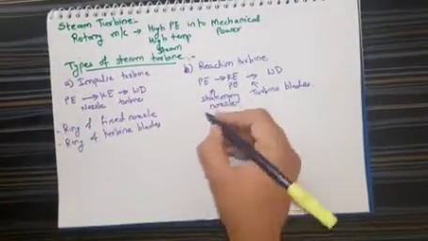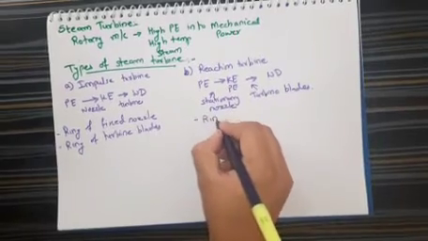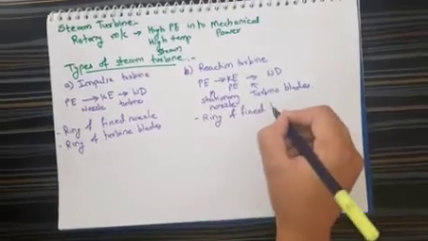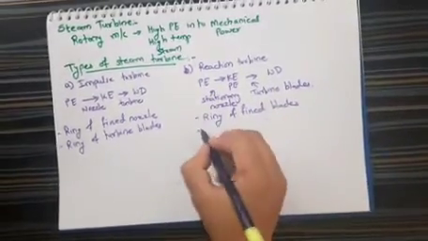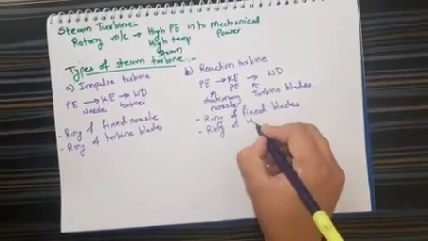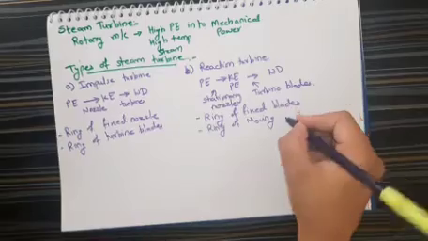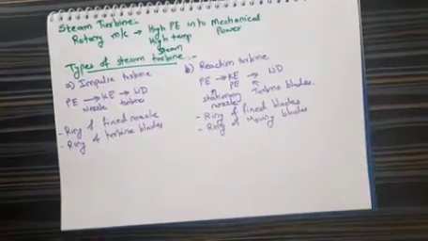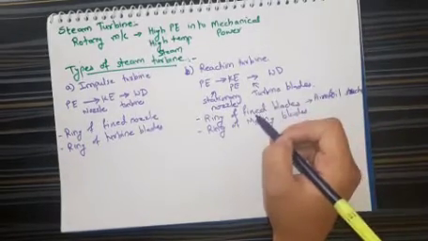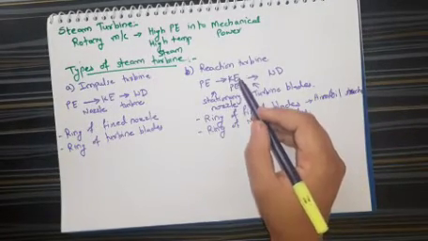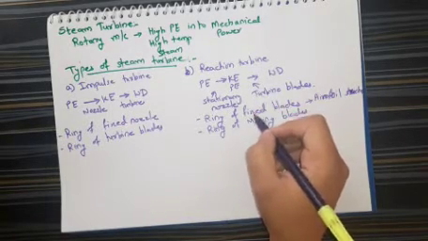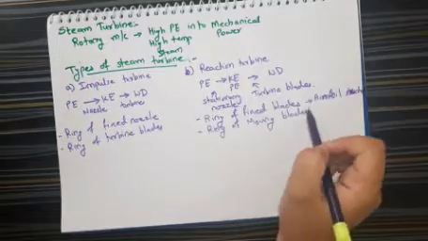While in a reaction turbine, there is a ring of fixed blade and a ring of moving blade. This fixed blade has an aerofoil structure due to which it partially converts pressure energy into kinetic energy, and along with this it gives the direction towards the moving blade.